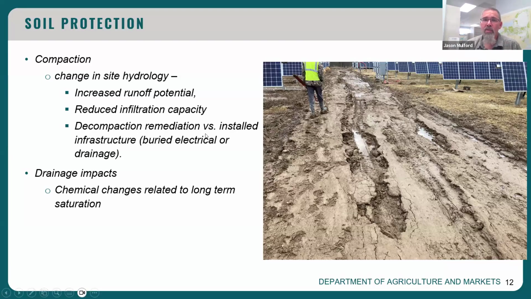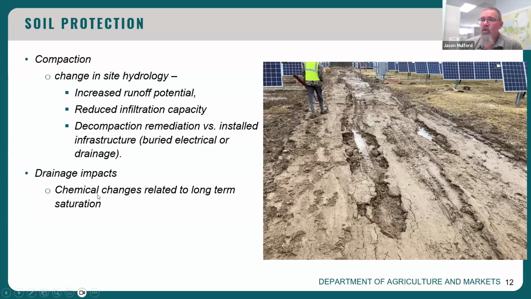Immediately, decompaction is typically reserved for outside the fence of the facility until decommissioning. There's typically drainage impacts, especially with subsurface drainage. All those posts pin cushion that field and generally will strike water. So we'll find situations with that, and I'll show you a photo later on.